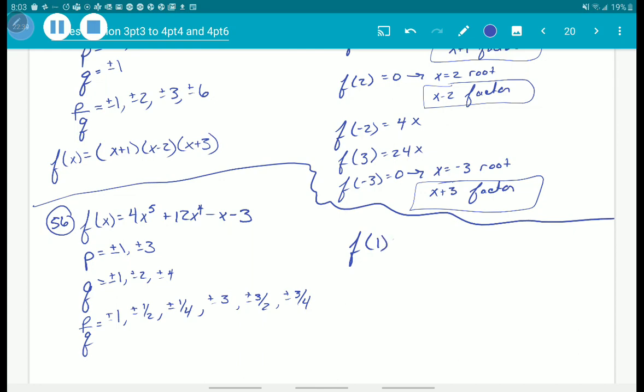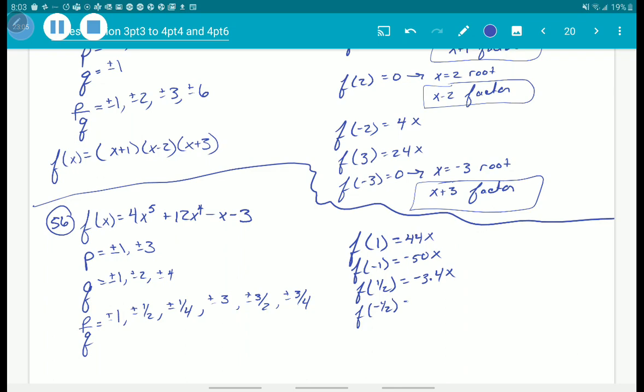So if we plug 1 in, we get 44, so that doesn't work. If we plug in negative 1, we get negative 50, that doesn't work. If we plug in 1/2, I got negative 3.4, so that doesn't work. What about negative 1/2?